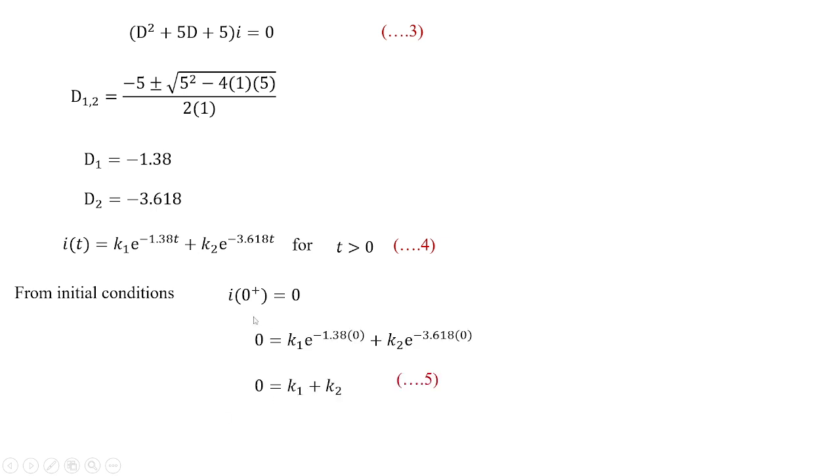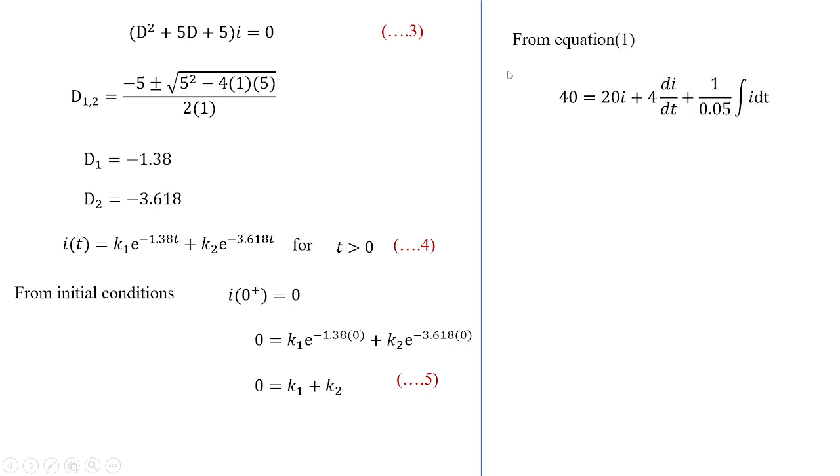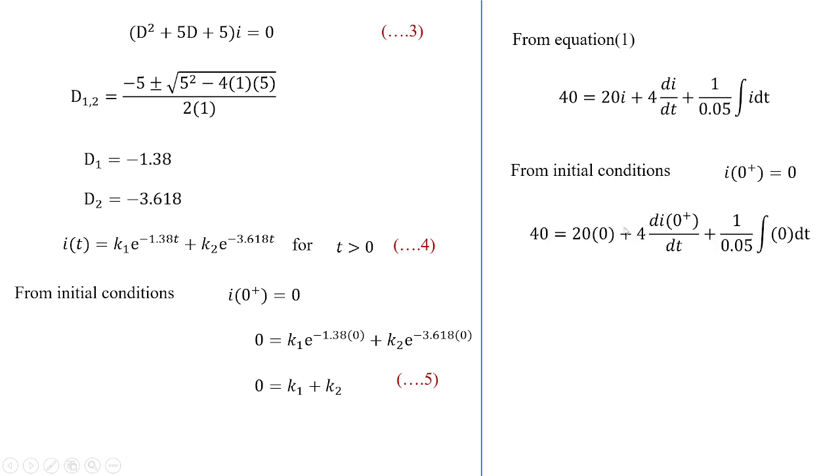For that, when you take the initial conditions, i of 0 plus is equal to 0, you're going to get 0, which is equal to k1 plus k2. Let us treat this equation as 5. And when you take from equation 1 and apply initial conditions, you're going to get di of 0 plus by dt as equal to 10.